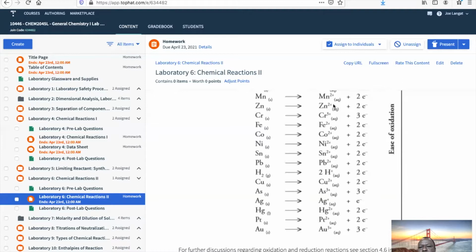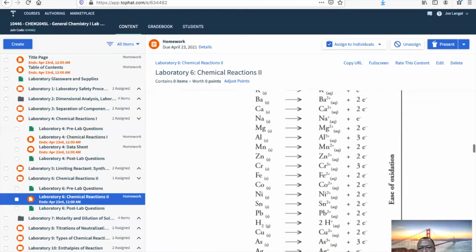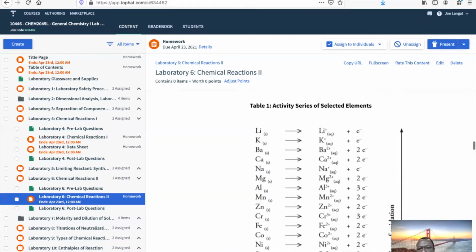Pay attention to the ionic charges for metals. It's listed in terms of oxidation. Oxidation, loss of electron. This will lose 1 electron, 2 electrons. Sometimes you may have 3 electrons being lost to end up with a positive charge. What this means is the element listed at the top, you can think of as most reactive.